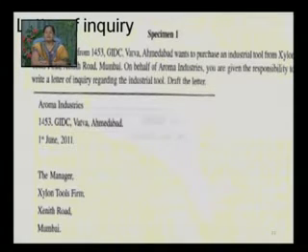It has been written by Aroma Industries to Xylon Tools and Firms. The question suggests that Aroma Laboratories of GIDC Vatwa Ahmedabad wants to purchase some tools from Xylon Tools and Firms.